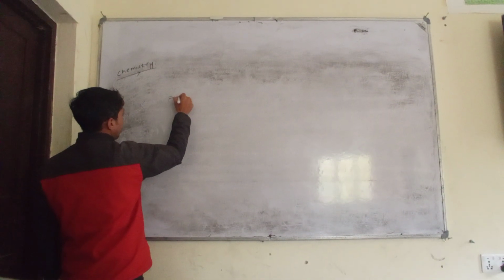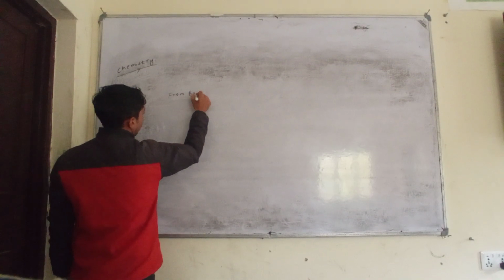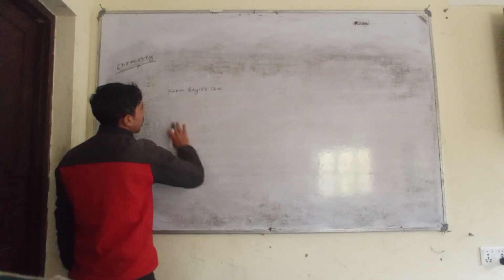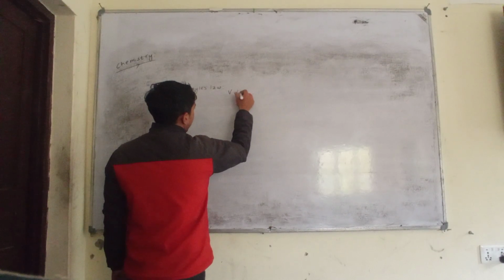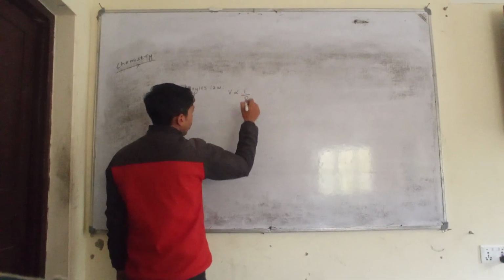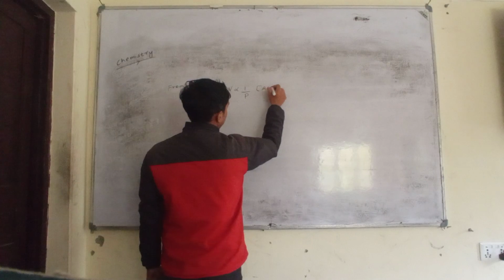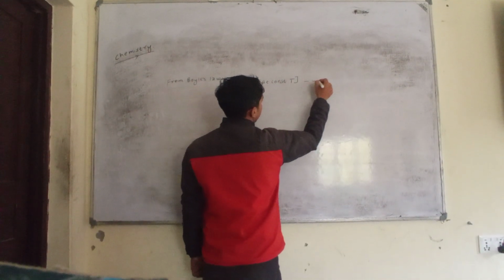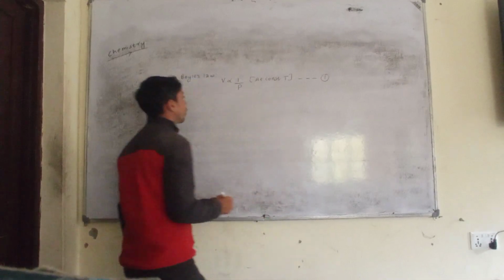From Boyle's law, volume of a given mass of a gas is inversely proportional to its pressure at constant temperature. This is equation number 1.